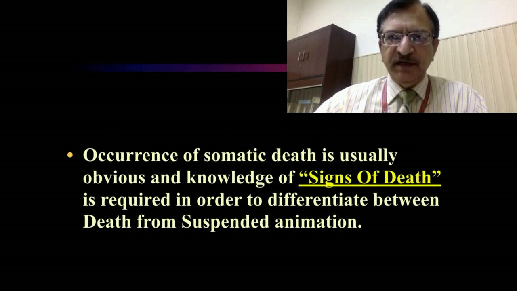Suspended animation is when the creature, the human or other animals, is alive, but the vital functions are at so low an ebb that normal clinical methods are unable to perceive them. So that is suspended animation.